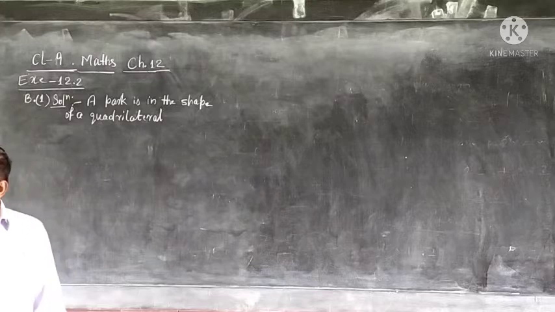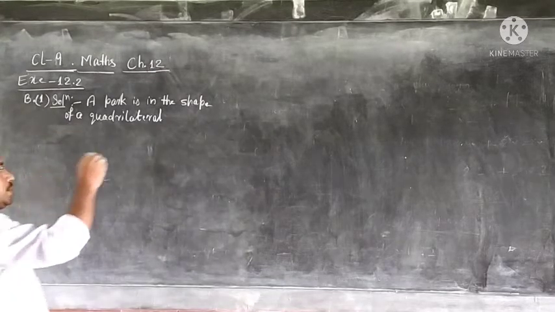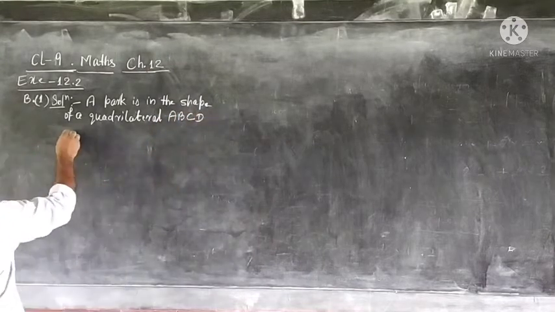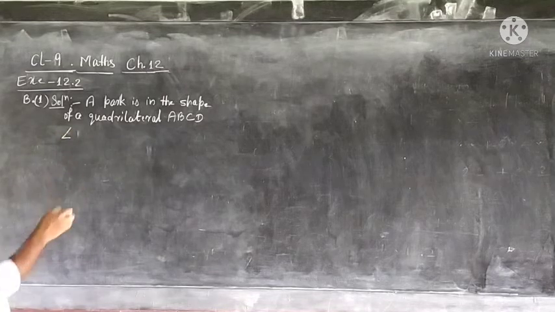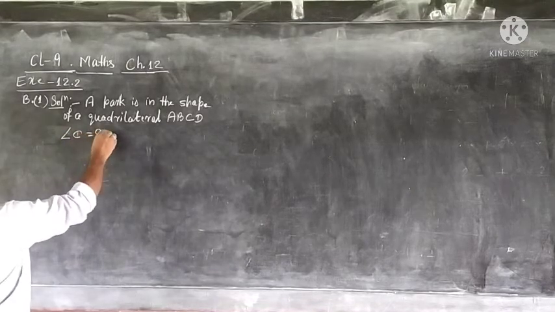In this quadrilateral, I think the name is ABCD, quadrilateral ABCD. Which angle is mentioned as 90 degree? Angle C is 90 degree.